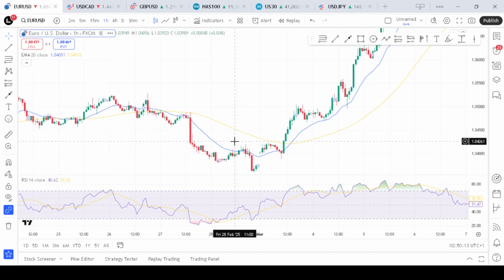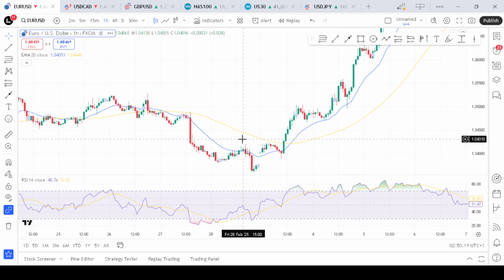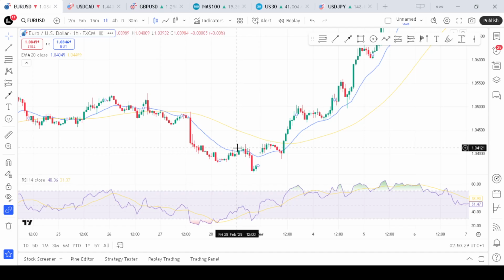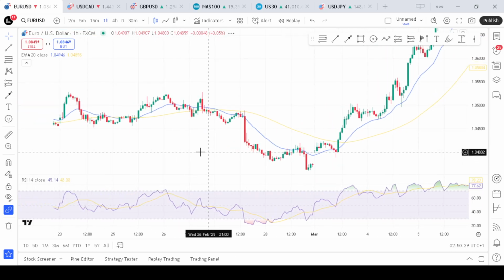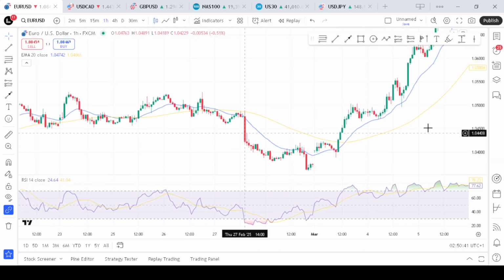The idea is simple: buy when price is rising and sell when price is falling. This approach works because strong trends often attract more traders, reinforcing the price movement and creating further momentum.